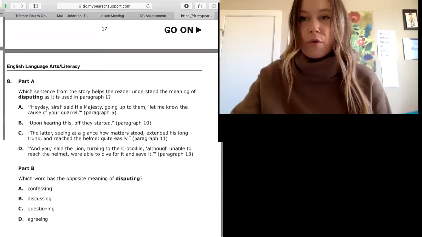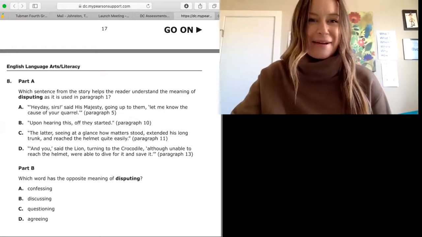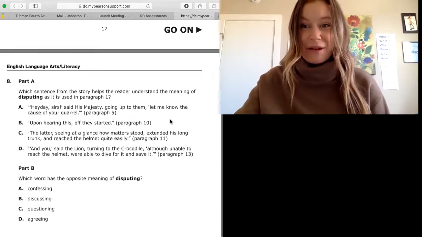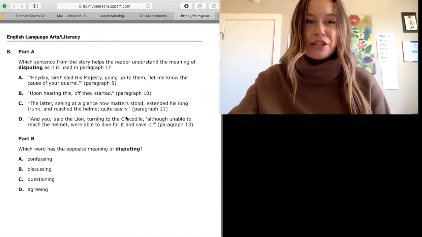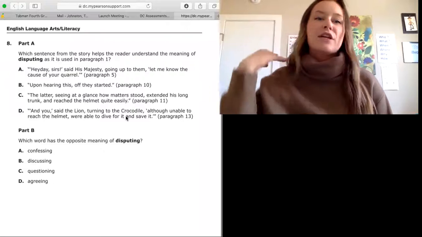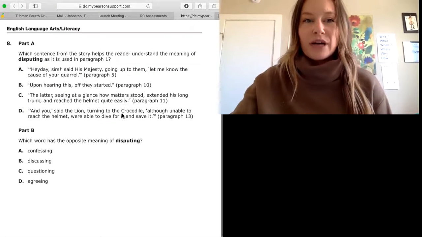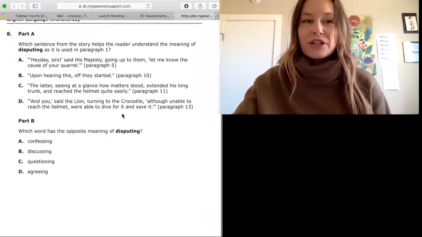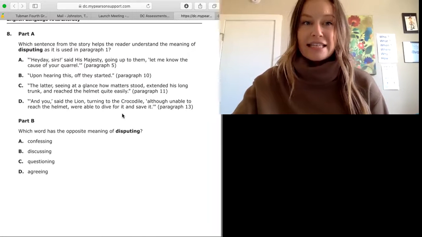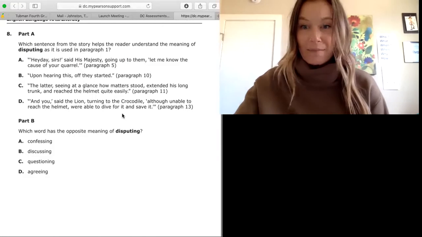All right, let's continue reviewing our work for this packet that we originally sent home. We're on question 8, which is asking us which sentence from the story helps the reader understand the meaning of disputing as it is used in paragraph 1.